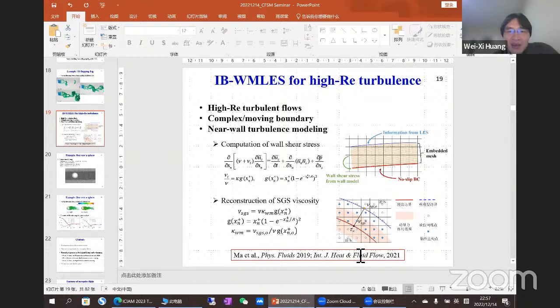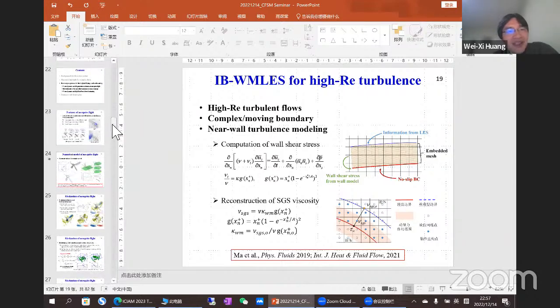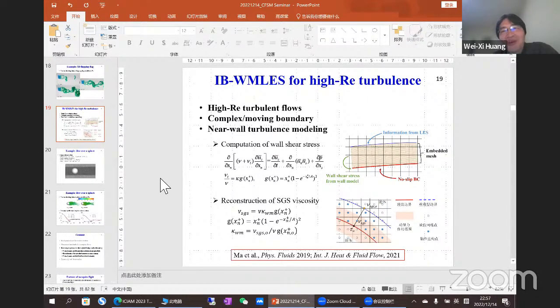This one is an early attempt at using the diffused forcing immersed boundary method with the wall-modeled LES, and it is quite convenient and easily used for this kind of moving boundary, high Reynolds number problem.